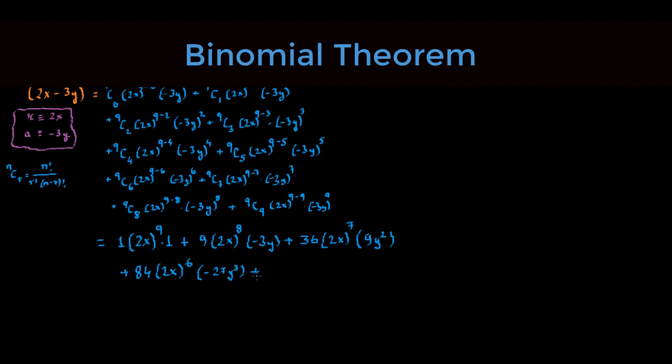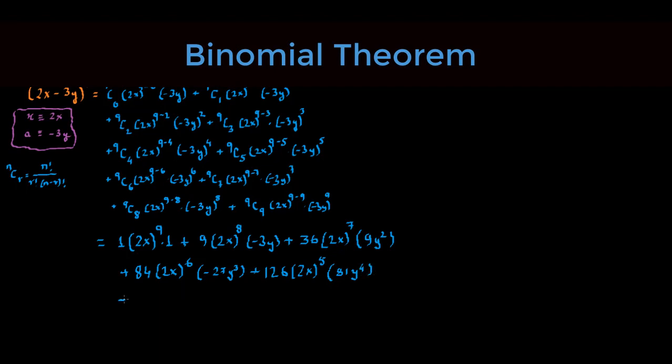plus 9C4, so 9C4 is 126 times (2x) raised to the power 5, and so this is negative 3 raised to the power 4. Negative 3 raised to the power 4 is 81, y raised to the power of 4.